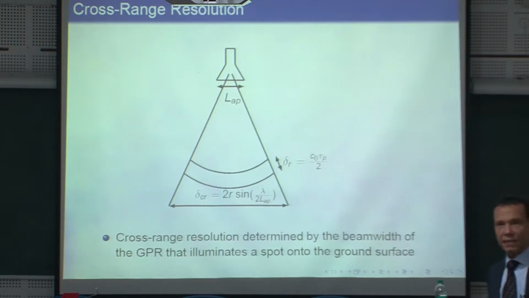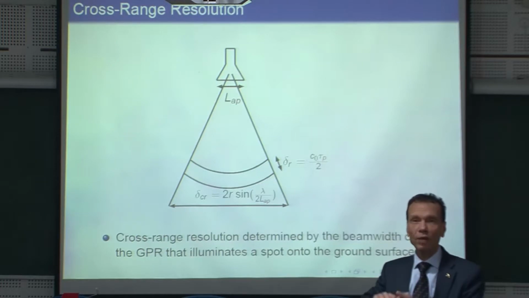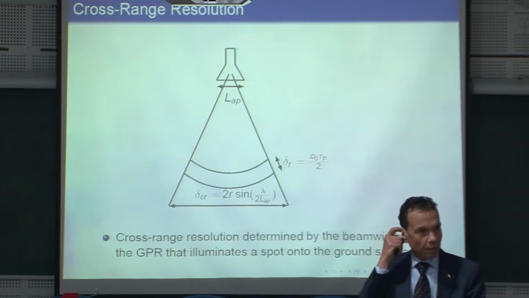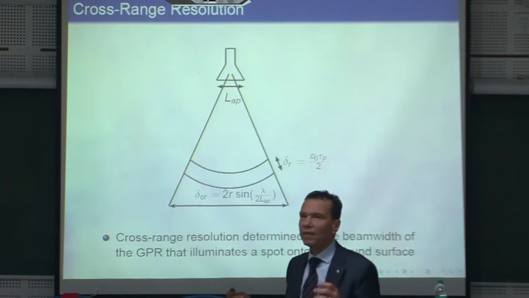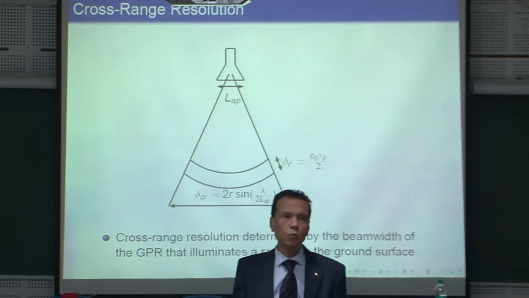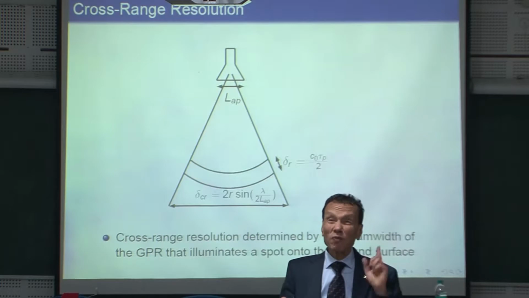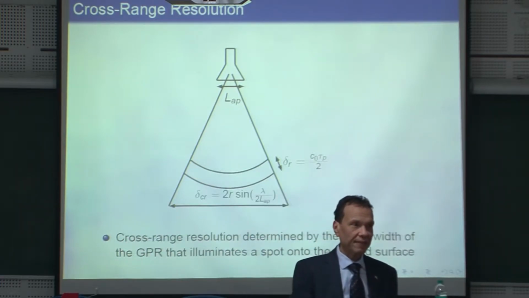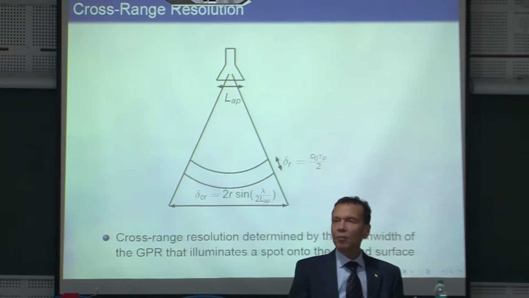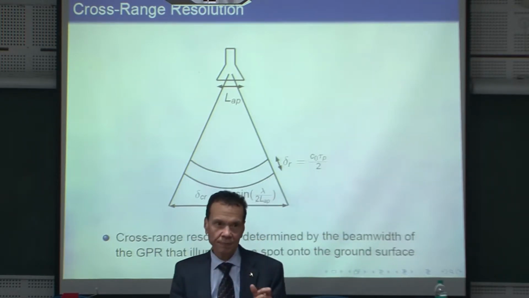Here, in the cross range, the antenna pattern or the beam width plays the same role as the sinc. I think we talked about that before. But here, he distinguishes between the antenna pattern of a single antenna, which we are going to use and move to create the synthetic aperture, and what is called in the antenna community the array factor.